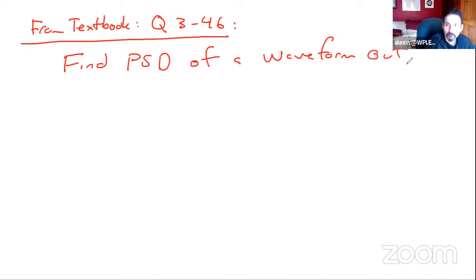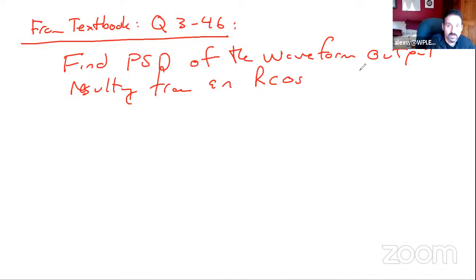Find the PSD of the waveform output resulting from an RCOS. Remember, RCOS is just shorthand for raised cosine.